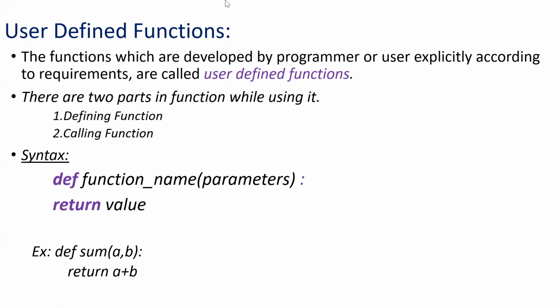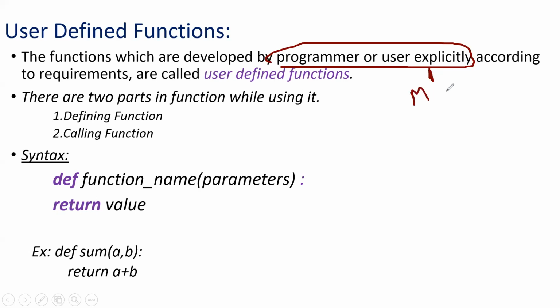Here, focus. This is very important: user-defined functions. These are the functions developed by the programmer or user explicitly, which means we need to create our own. It's not automatic, it is manual.